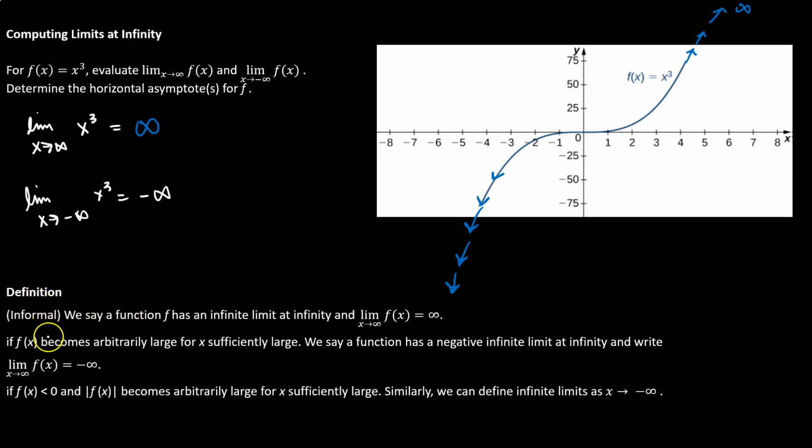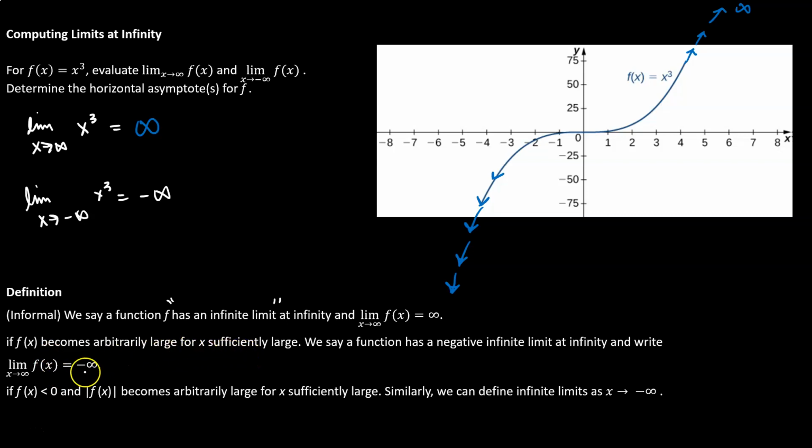So we have an informal definition here. We say that a function has an infinite limit at infinity when the limit as x goes to infinity allows the function to approach infinity. So f is becoming arbitrarily large for a sufficiently large x.